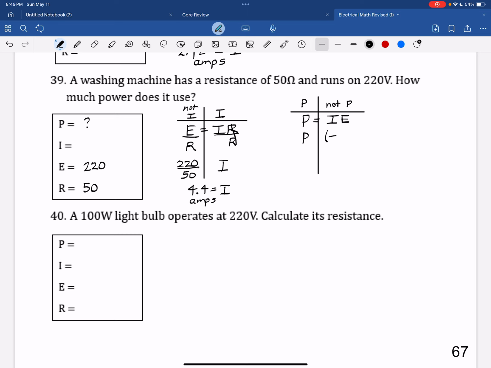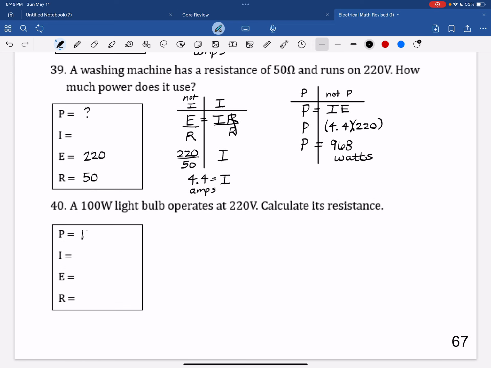So I'll use that 4.4, and then the voltage, which is 220, sorry. And so that is going to be 4.4 times 220 is 968. So the power is 968 watts. And that's the answer we're looking for.